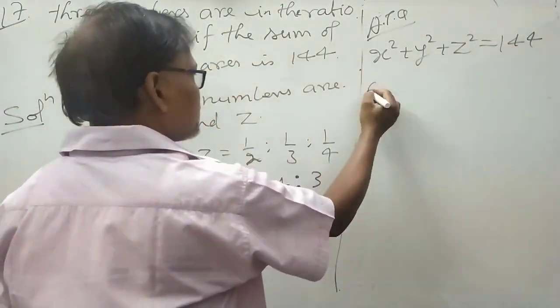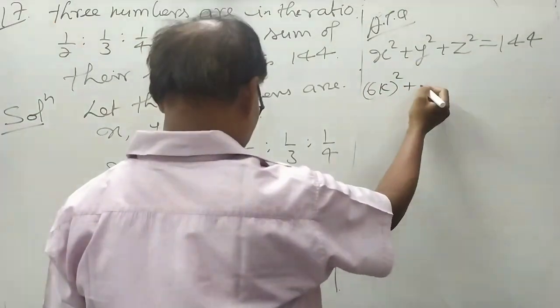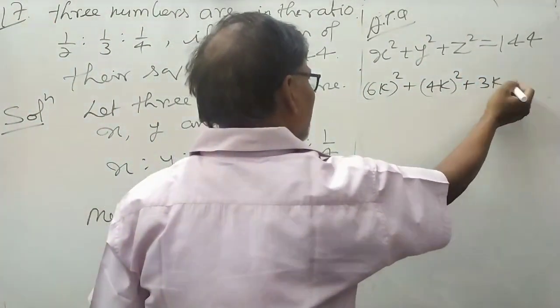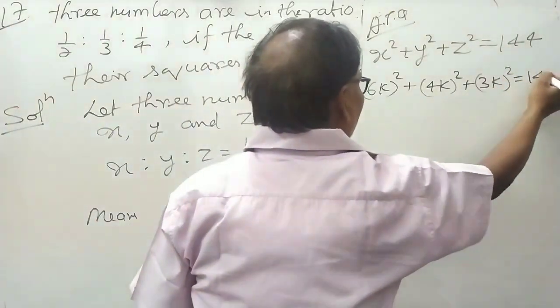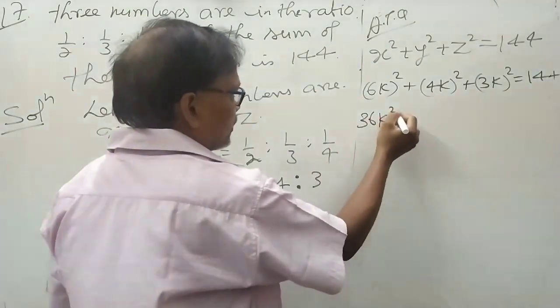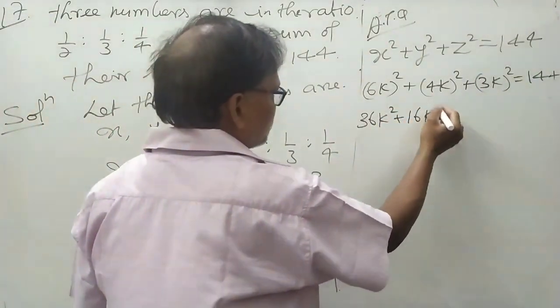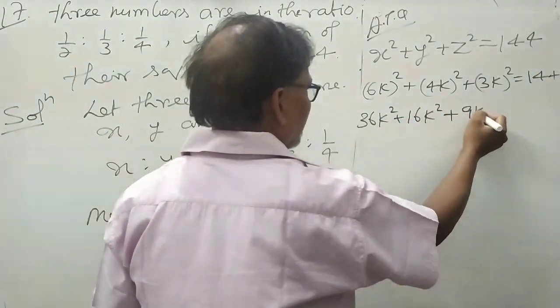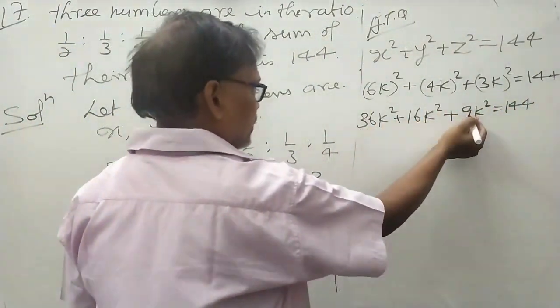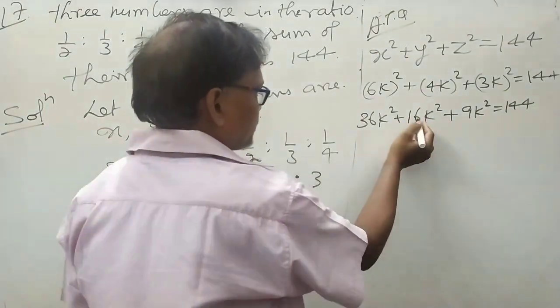So 6k whole square, 4k whole square, 3k whole square is equal to 144. Now 36k square, 16k square, 9k square is equal to 144. Then add these numbers.